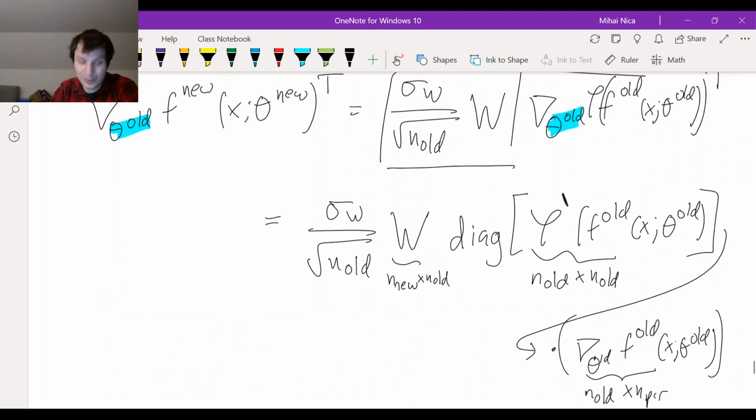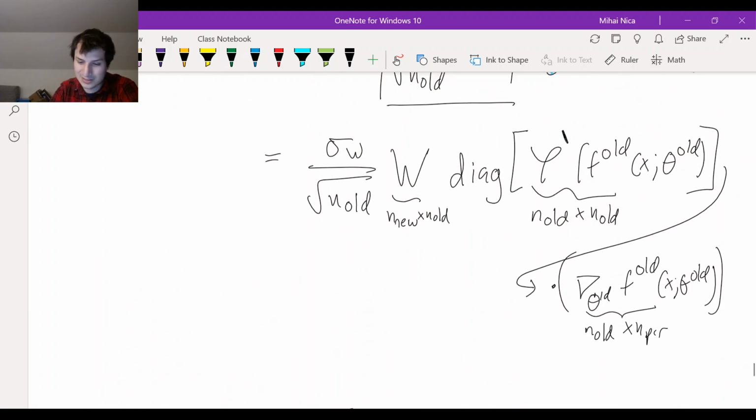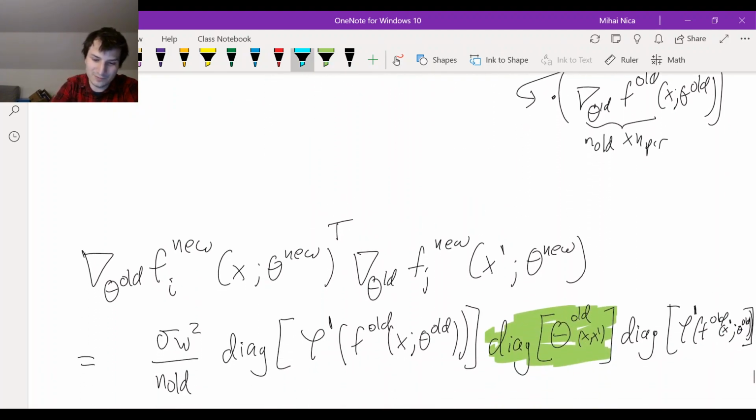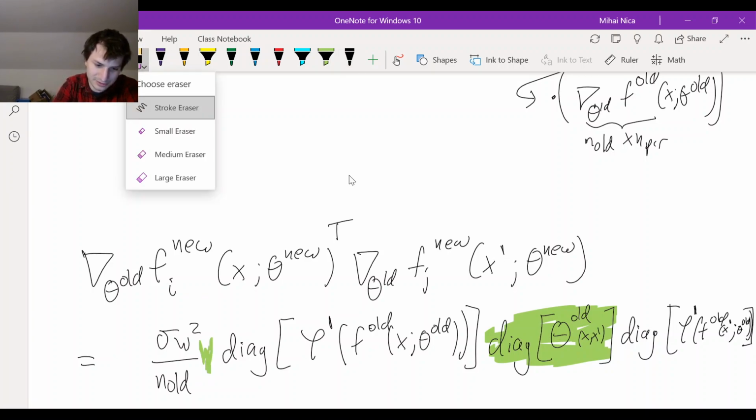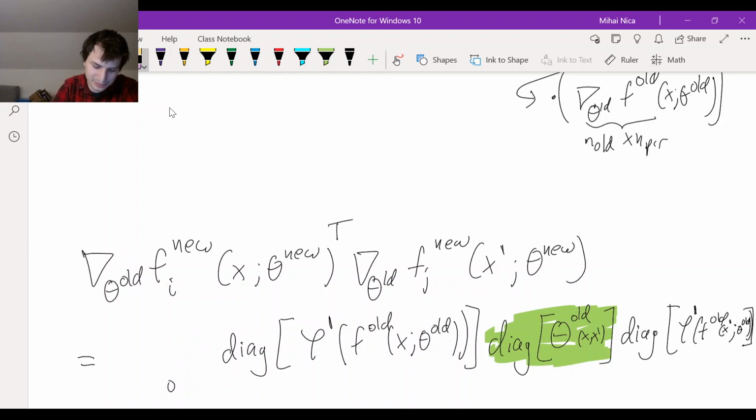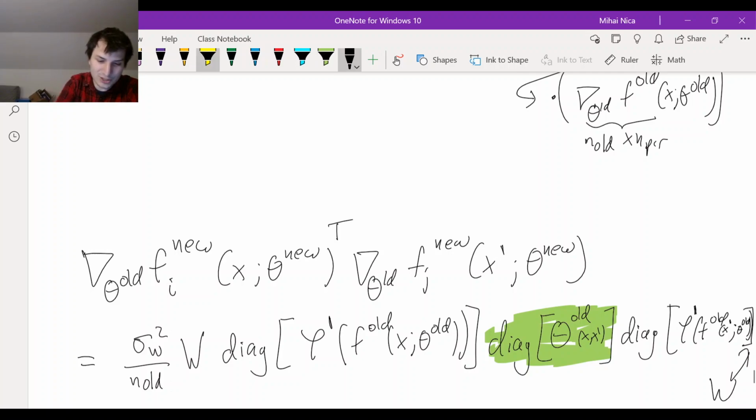What am I missing? I forgot to put the weights. Let me put the weights back in. So there are also these w's that appear on either end. So you have w, sigma w squared over n old. You have the weight matrices w, and on the end, you should tag on another weight matrix w. And we're doing the ij component. So what you end up with is the ith and jth rows of w.